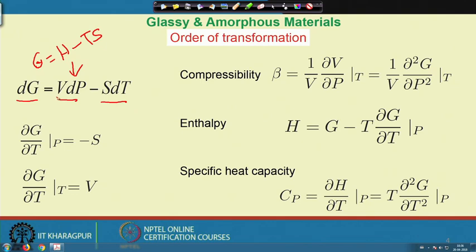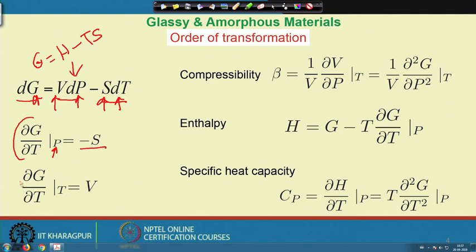Here V is the volume, P is the pressure, G is the free energy, S is the entropy and T is the temperature. Now, if we take the first derivative, partial dG by dT at constant pressure, we get minus S, where S stands for the entropy.